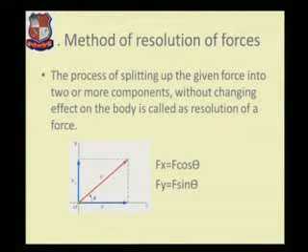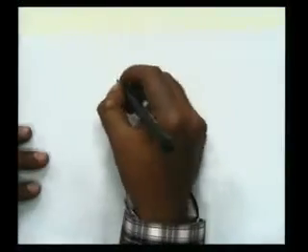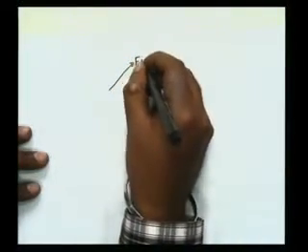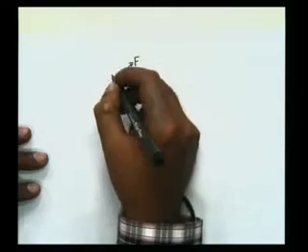Now there is the other method to find the resultant, that is the method of resolution of forces. In resolution of forces, the forces can be resolved into two components, that is the horizontal component and vertical component. As shown in the figure, any force F can be resolved into two components.